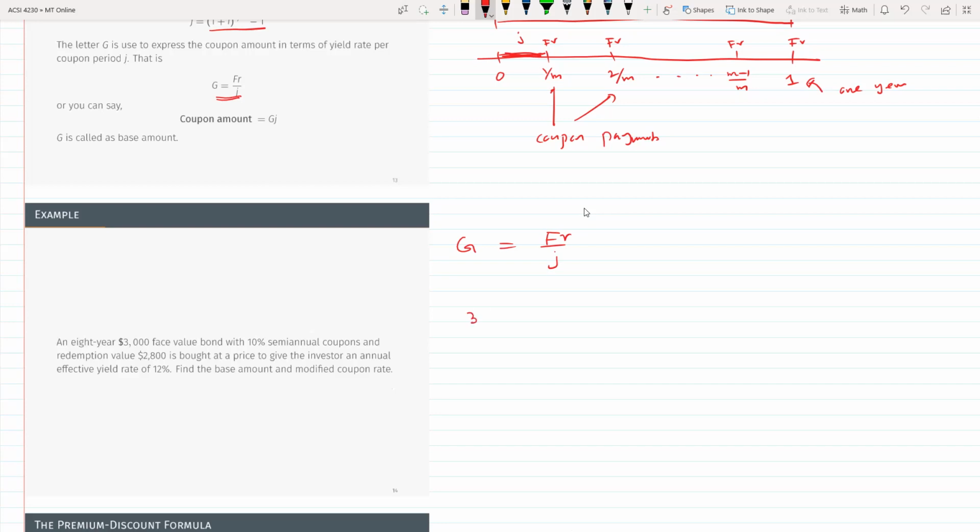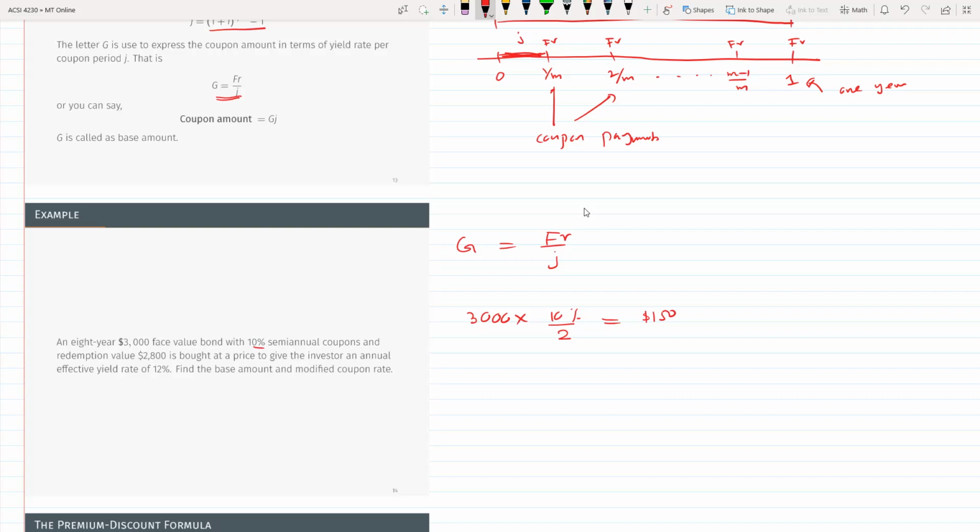It's 3,000, but the coupon rate is 10% divided by 2. So $600... $150. So this will be 150.